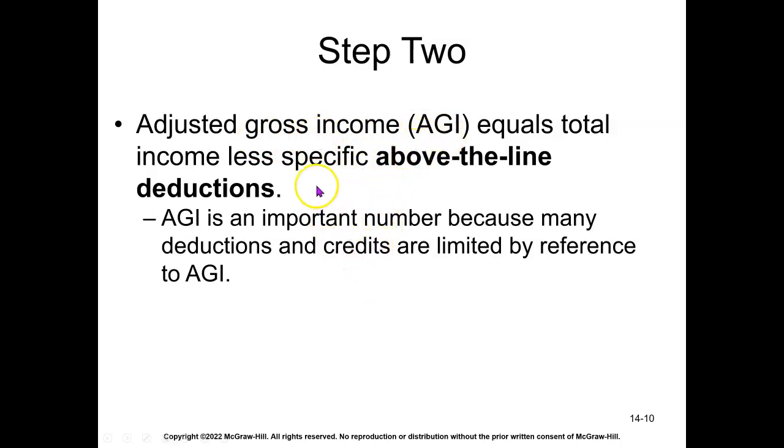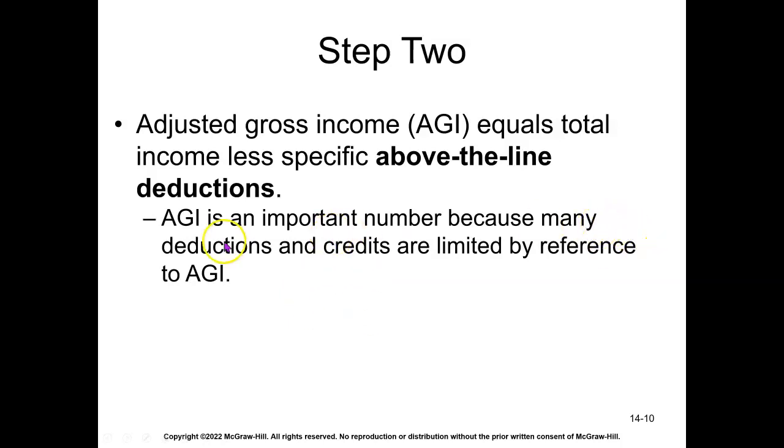You're going to see most of the time it's better to have the adjustment above AGI. And we'll look at why that might be as we get on through calculating tax a little bit. But there's only just a few things that get adjusted for above the line. And it mentions here, AGI is an important number because many deductions and credits are limited by reference to AGI.